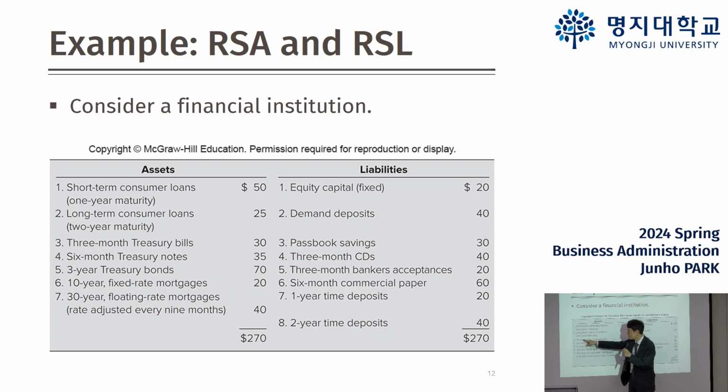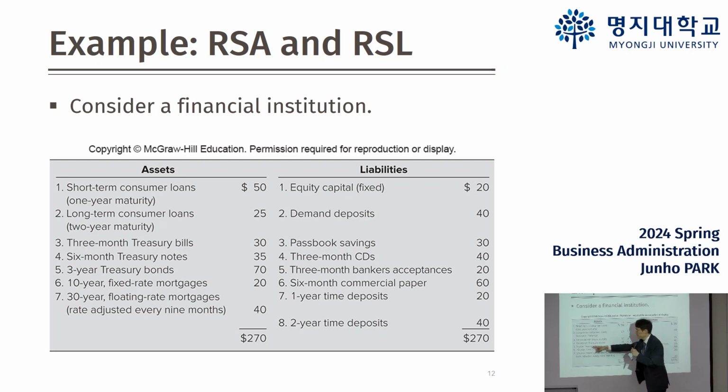So therefore, we should include it. Number 4, 6-month treasury notes. For the same reason, we should include it. After 6 months, it will mature and we are going to be affected by the interest rate 6 months later. So we are going to include 6 months treasury notes as the rate sensitive asset.